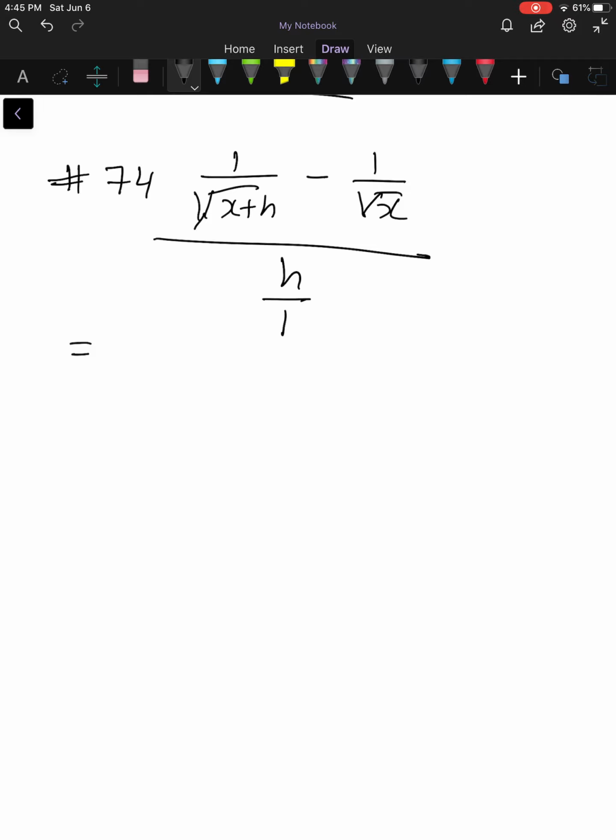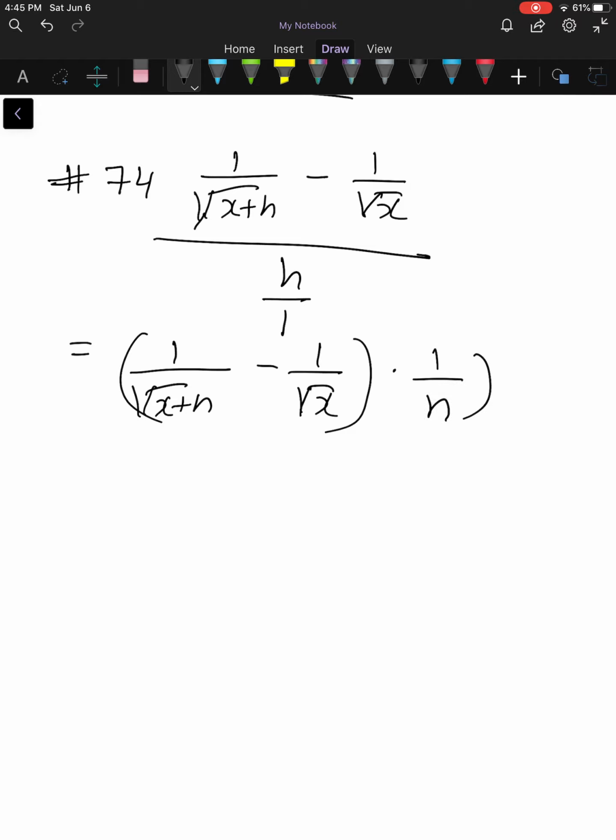So let me convert the division into multiplication by multiplying the numerator with the reciprocal of the denominator. 1 over square root of x plus h minus 1 over square root of x, times, what is the reciprocal of h by 1? It is 1 by h.